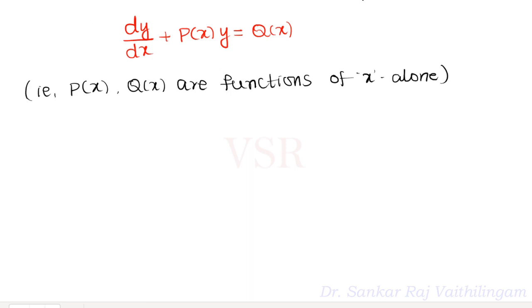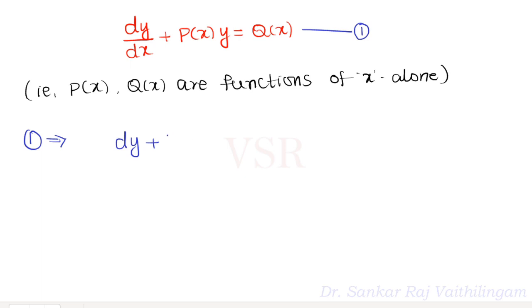So how am I going to check? I call this equation 1. So 1 implies that, we can take everything to one side: dy plus p of x y dx minus q of x dx.